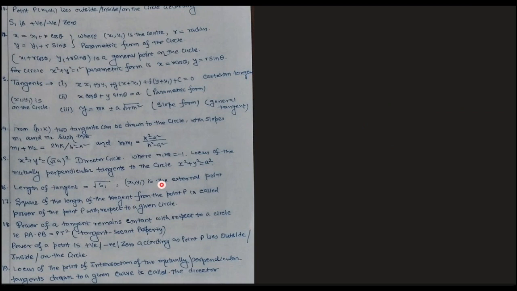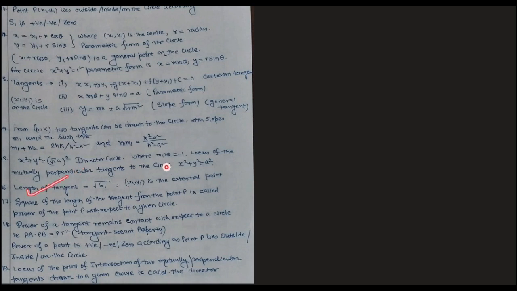So here the radius of the new circle will be, the old circle is having radius a, it will be root 2 times a. This will be the equation of the director circle. In the case of the director circle, when you draw the two tangents from outside, these tangents must be perpendicular. Point 15 is clear.